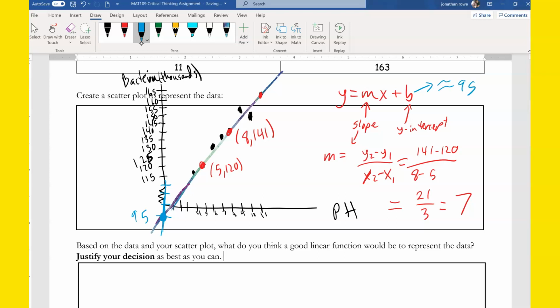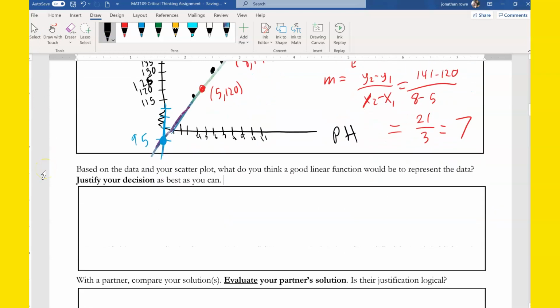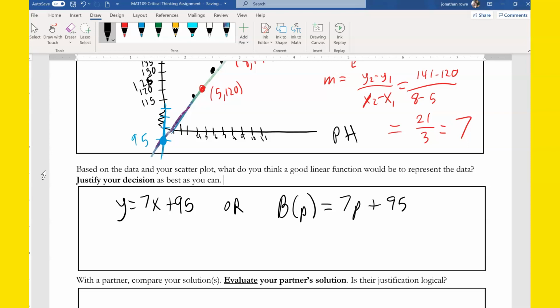So now I have an answer for a good linear function. My good linear function would be something like y equals 7x plus 95. Or I might say B of P, bacteria as a function of pH, equals 7P plus 95, in thousands of bacteria.